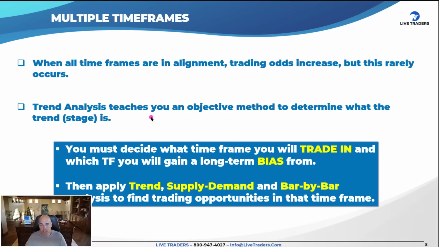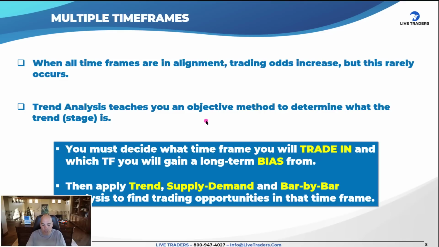Trend analysis teaches you an objective method to determine what the trend is. See, we had this conversation a few weeks ago, maybe it was a month ago. If you don't know what the market is doing or what it's likely to do next, it's very hard to be a good trader. So understanding the market stages, stage 1, 2, 3, 4, we talked about this a few weeks ago. Guys, there's a reason I put these lectures in this order, okay?